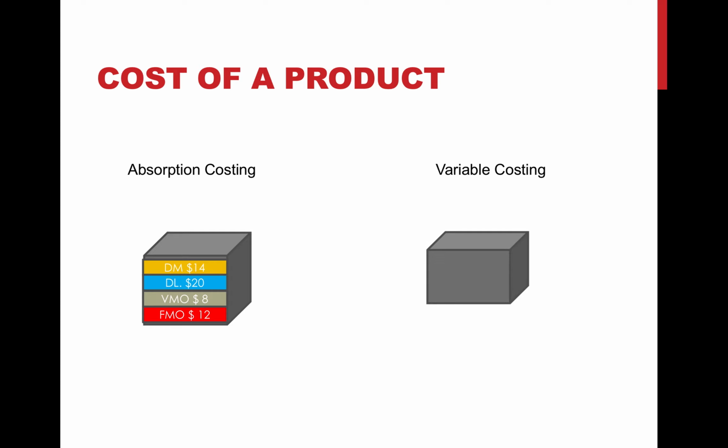And under variable costing, your product travels in your accounting books only by adding the direct material, the direct labor, as well as the variable manufacturing overhead. Remember, on variable costing, any cost that is fixed is not accepted.